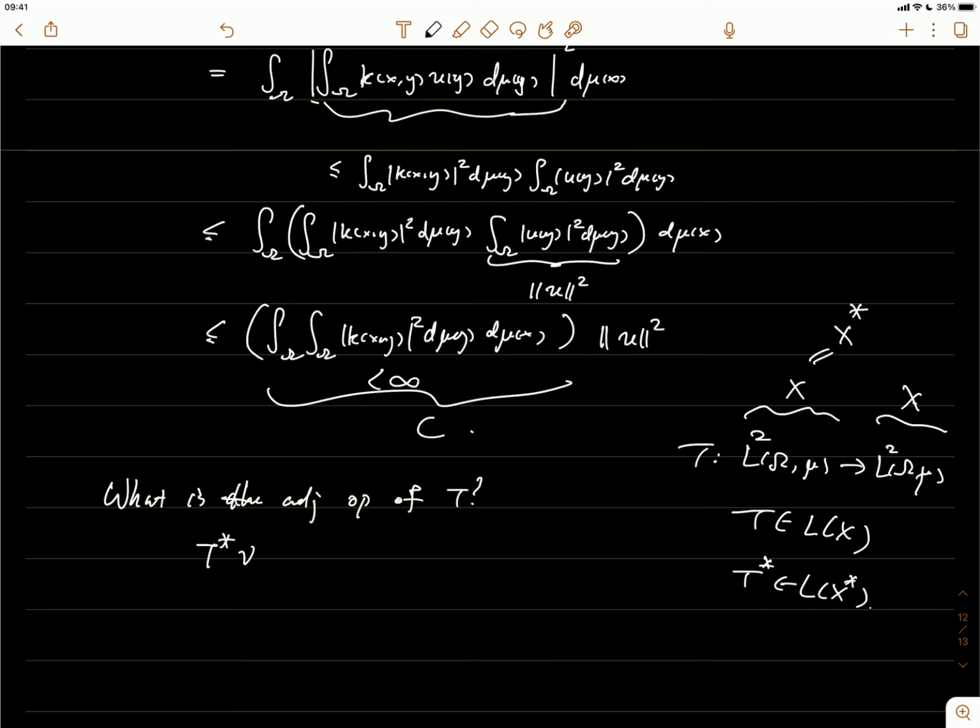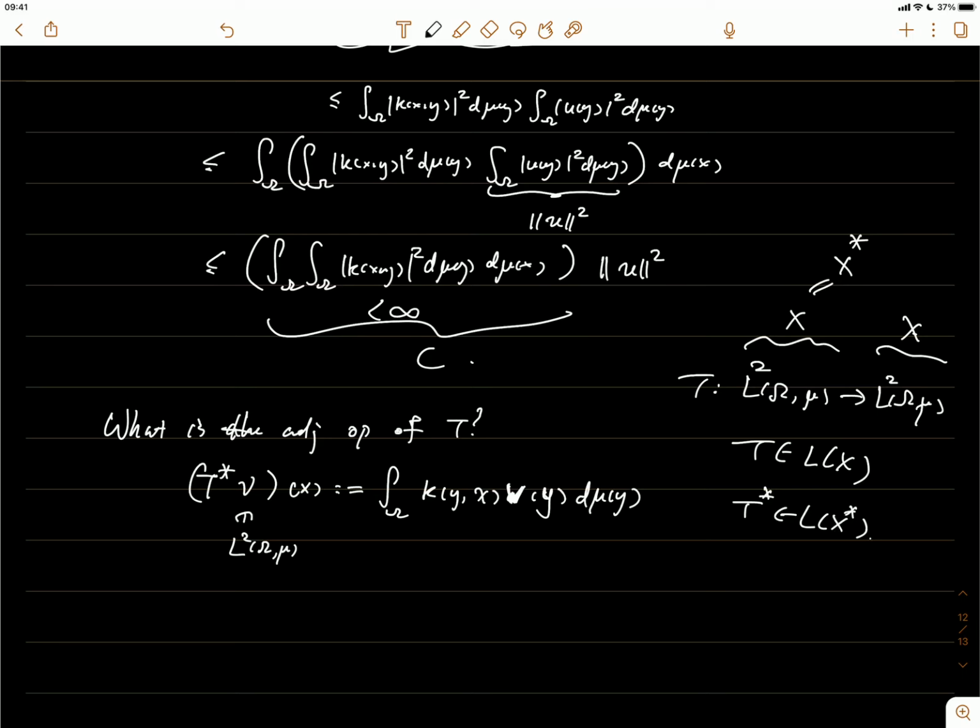Now I can apply this to any vector V which is in L2 space. I'm going to show this is also L2, and it can be applied to any x. The definition is that T star is just mapping V to this, the same thing as before, except that x and y are switched, and then you have V of y d mu y.